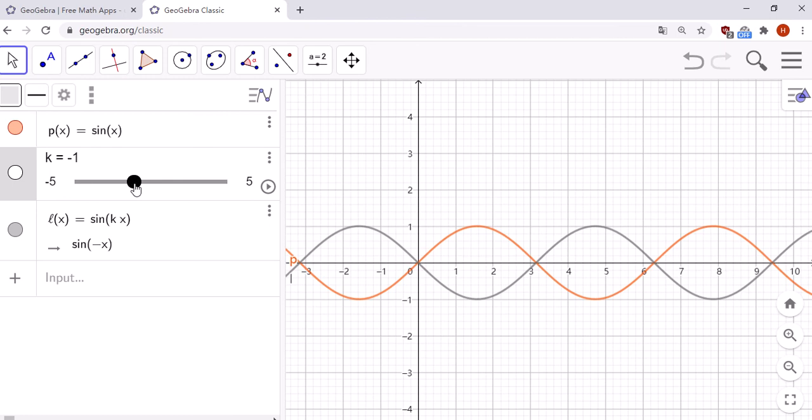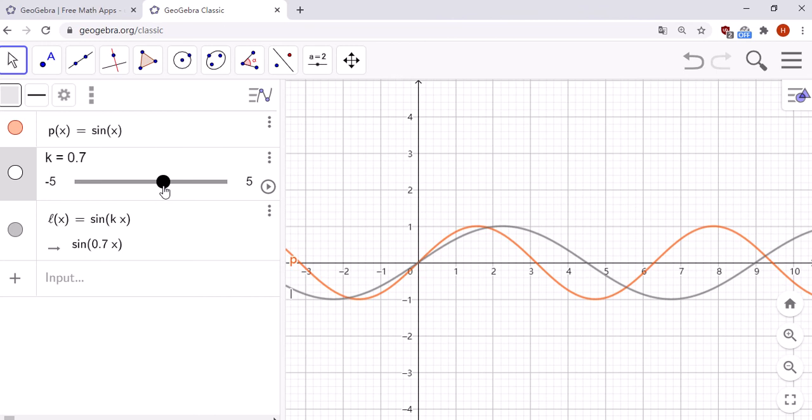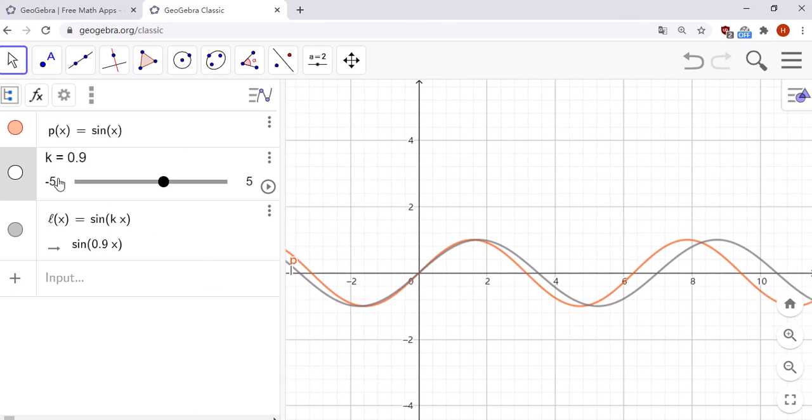And here, change more. Right now k is 0.9, so 1 over k is more than 1.